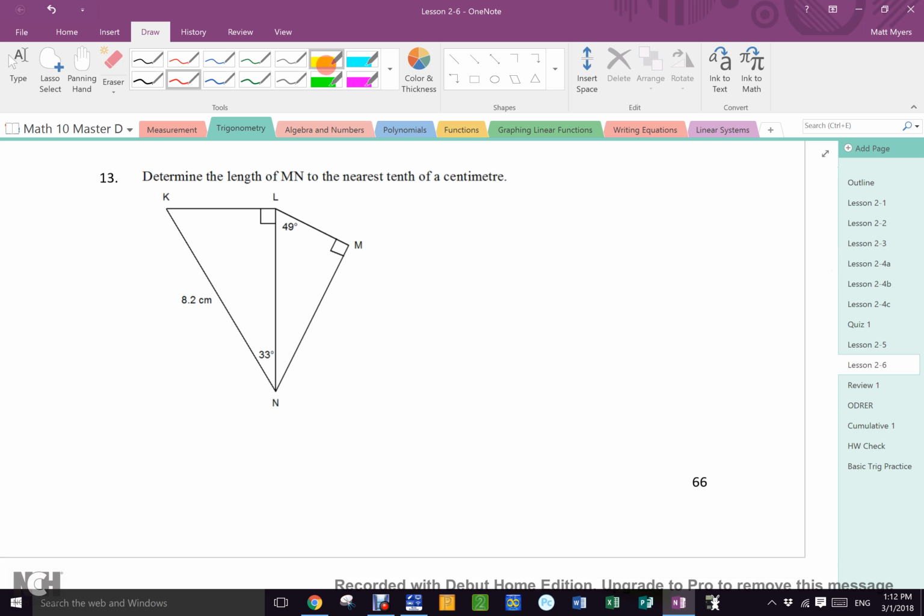The question says I need to find m to n, yes? Everyone agree? Which means I must be working with this yellow triangle. Can I, right now, work with the yellow triangle? Why? I don't have enough information. I need two sides or an angle and a side. I do not have that, do I?